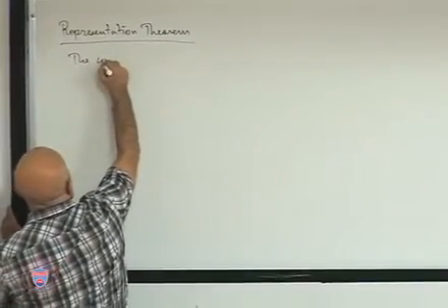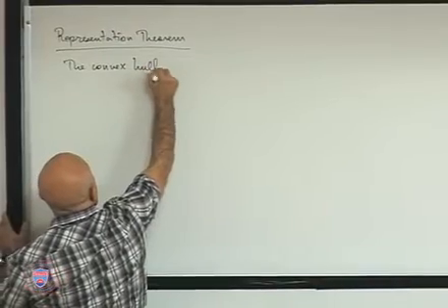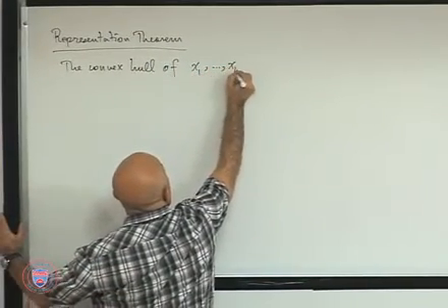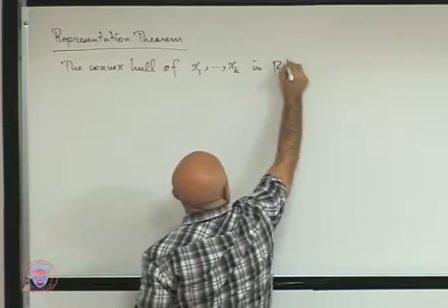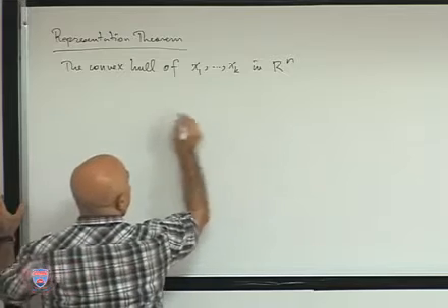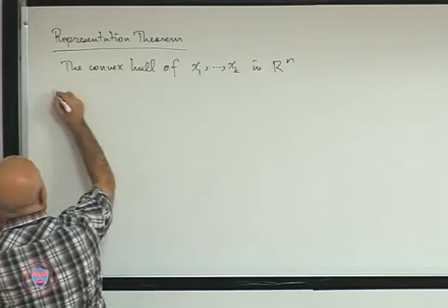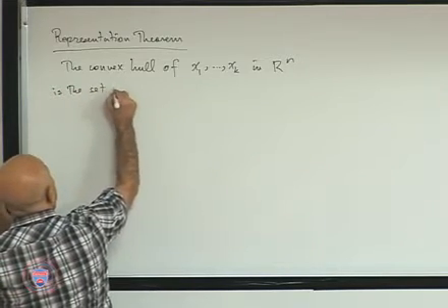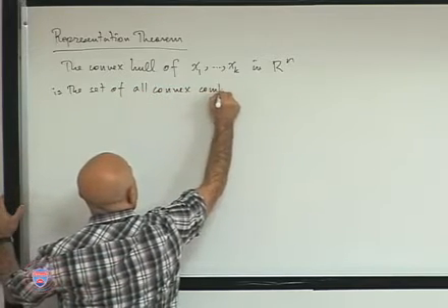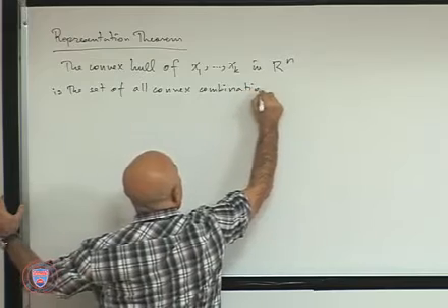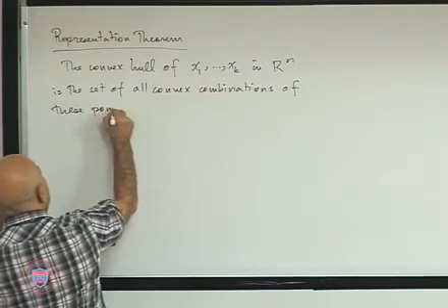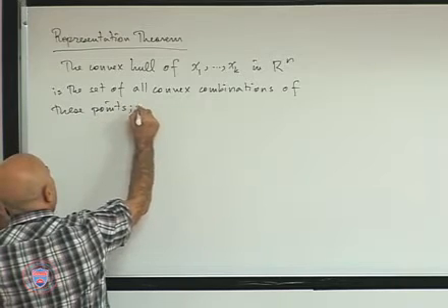The convex hull of a bunch of points, say x1 through xk, in Rn. All of these are n-dimensional vectors. The convex hull of x1 through xk in Rn is the set of all convex combinations of these points.